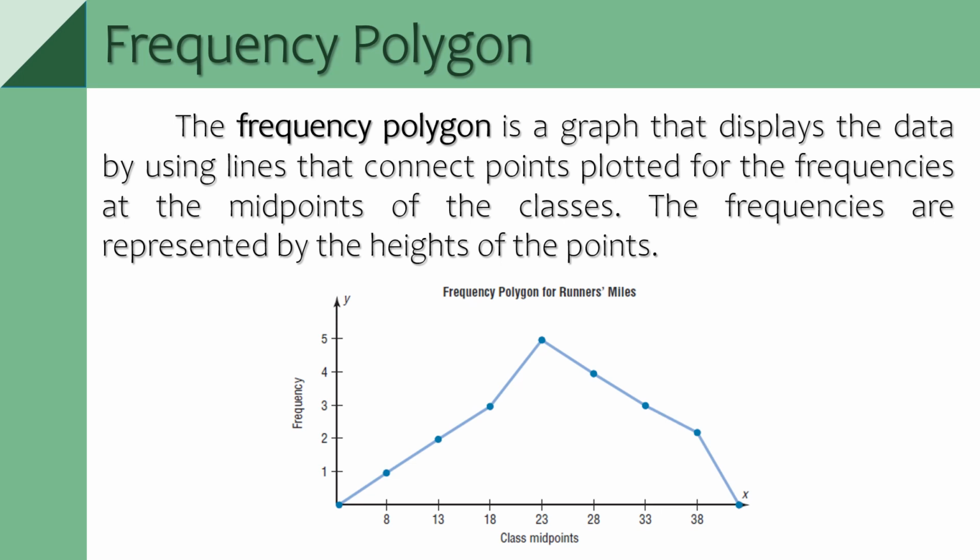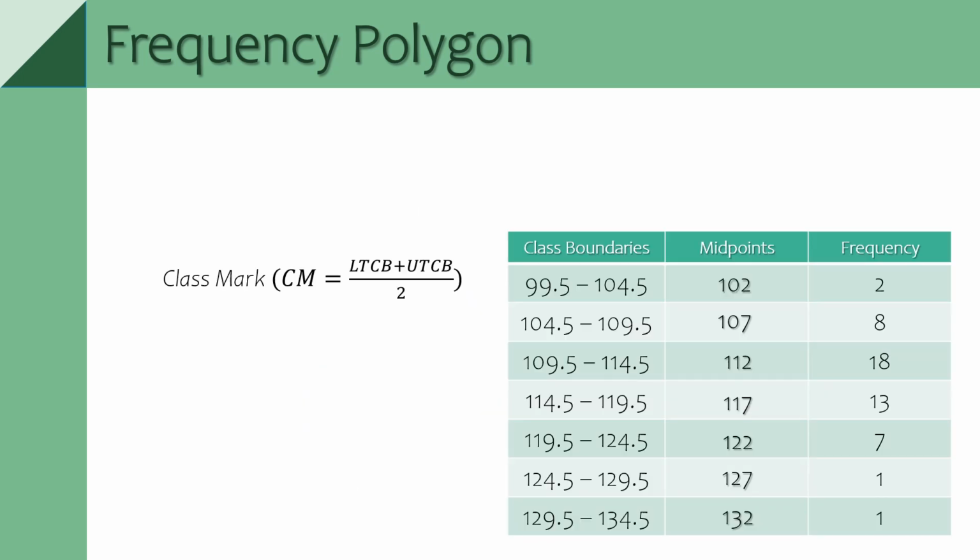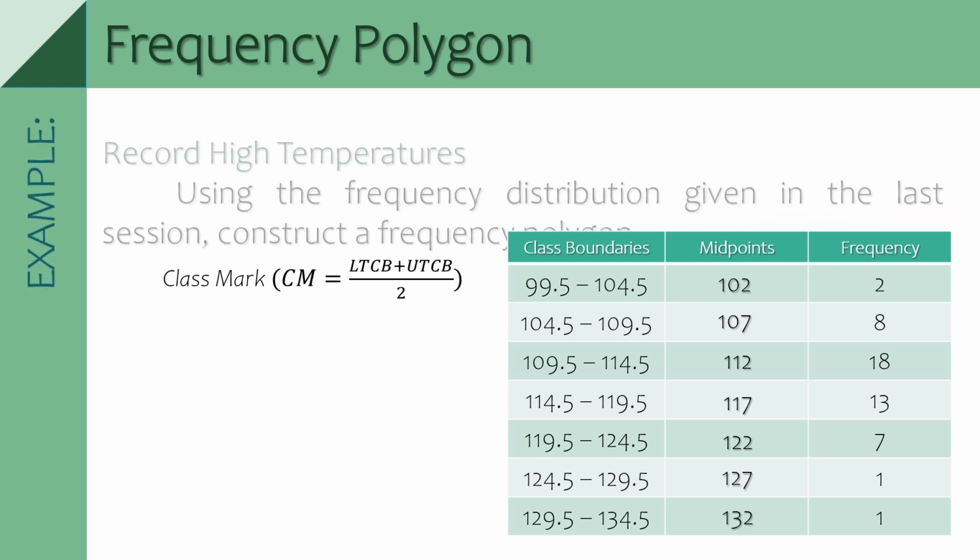So, as we remember the class boundaries, di ba, meron siyang frequency, meron siyang height. Okay, so kukunin natin yung gitnang portion ng per boundaries na yon. Okay, so paano kunin yung gitnang portion yon? So ayan. Okay, so next is the frequency polygon.